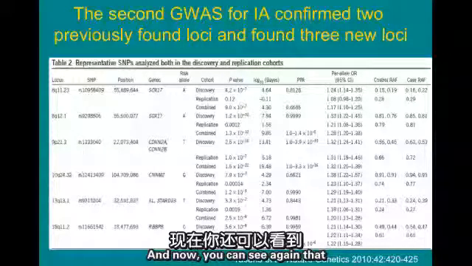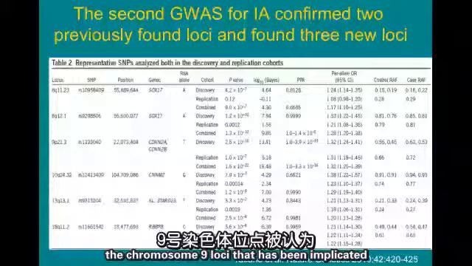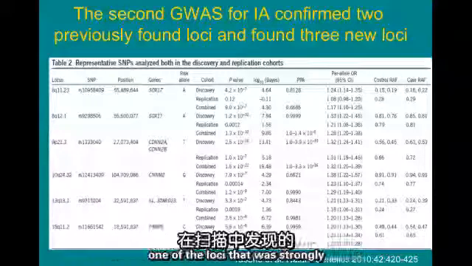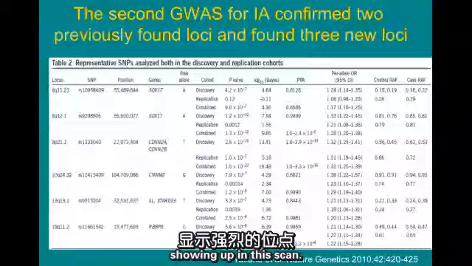And now you can see again that the chromosome 9 locus that has been implicated for coronary heart disease was also one of the loci strongly showing up in this scan.